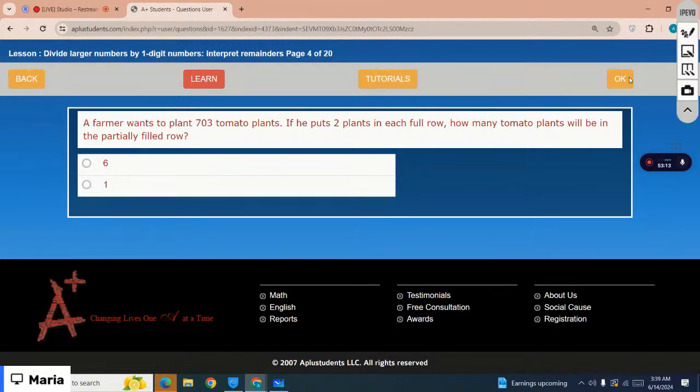The farmer wants to plant 703 tomato plants. If he puts 2 plants in each full row, how many tomato plants will be in the partially filled row?